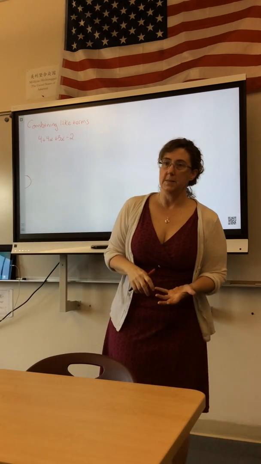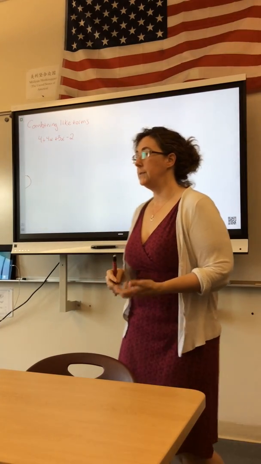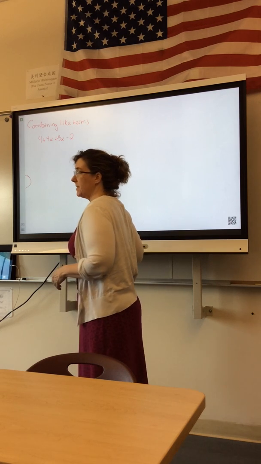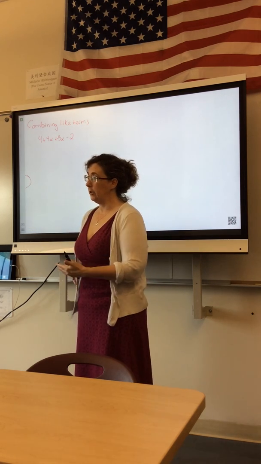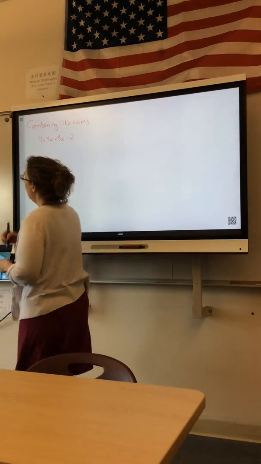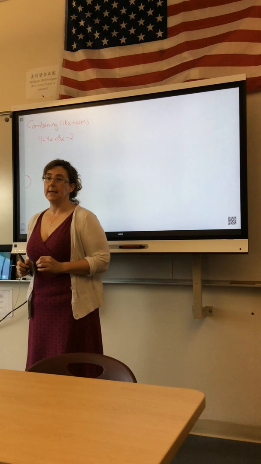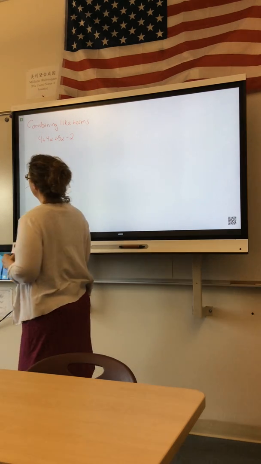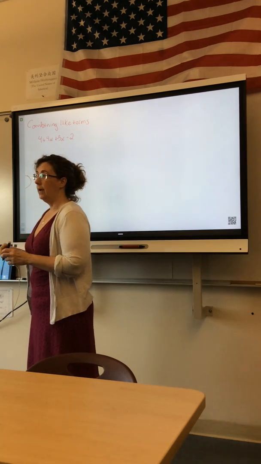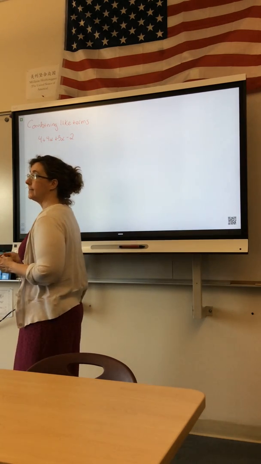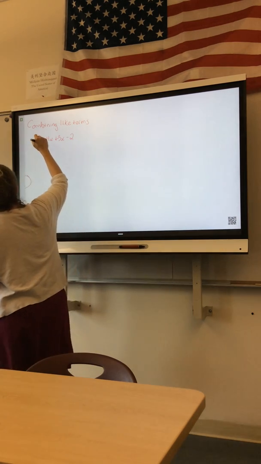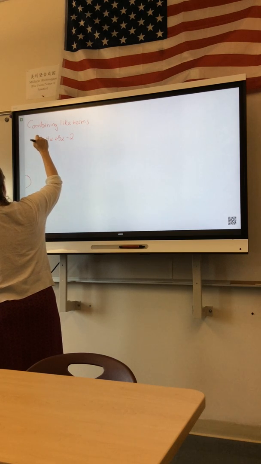You have some terms that just have numbers. You have some terms that have numbers and letters. You need to identify what the terms are, and you can combine those terms and simplify the expression. When you are identifying your terms, the one thing you need to keep in mind is that this no longer is 4 plus 4x plus 3x minus 2. If I'm going to break it down into its individual parts, I'm going to move the sign with the term it's attached to. So 4 is one term.